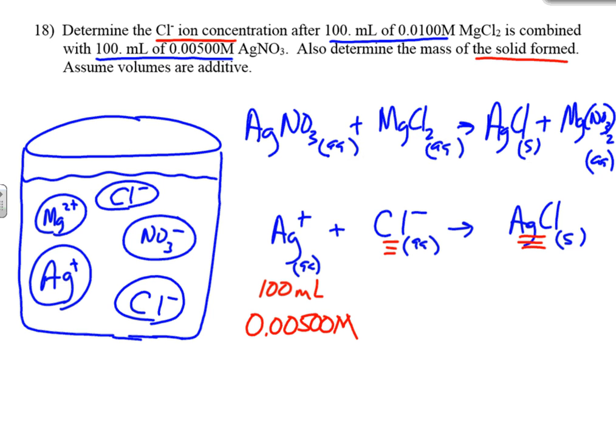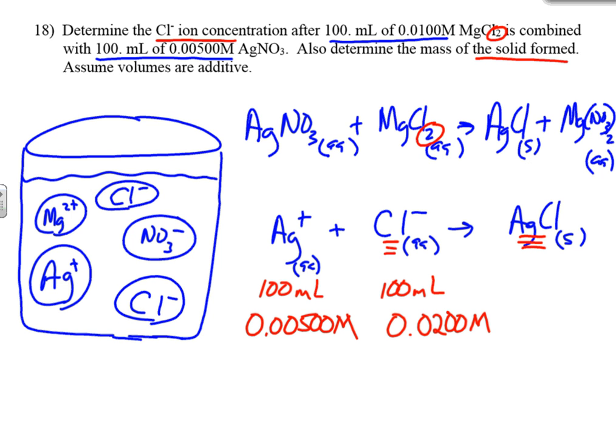And then for the chloride, a little bit of a different situation here. Again, we have 100 milliliters of the magnesium chloride solution. However, if we look at the formula for that, there's 2 chlorides for every 1 magnesium. So although the magnesium chloride is 0.01 molar, the chloride ion itself is actually going to be double that, so 0.0200 molar.